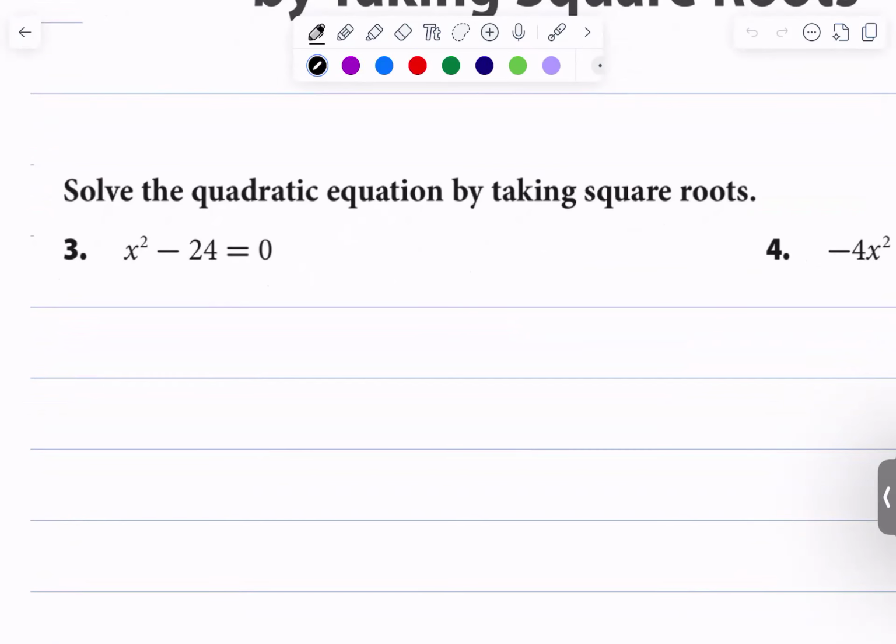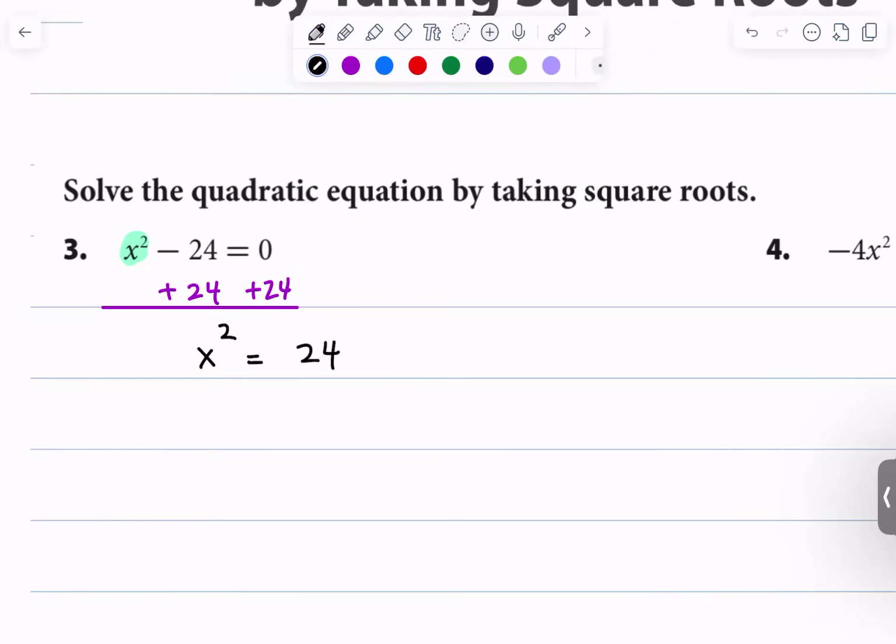So remember, the first thing we do is try and solve for x squared first. Okay, isolate x squared. Here, we are going to isolate x squared by adding 24 to both sides. So then we have x squared equals 24.